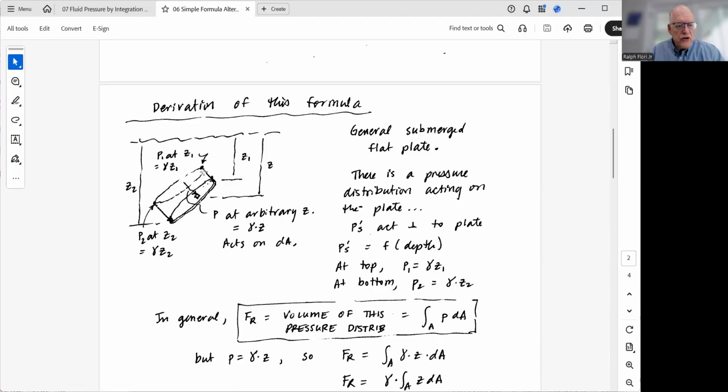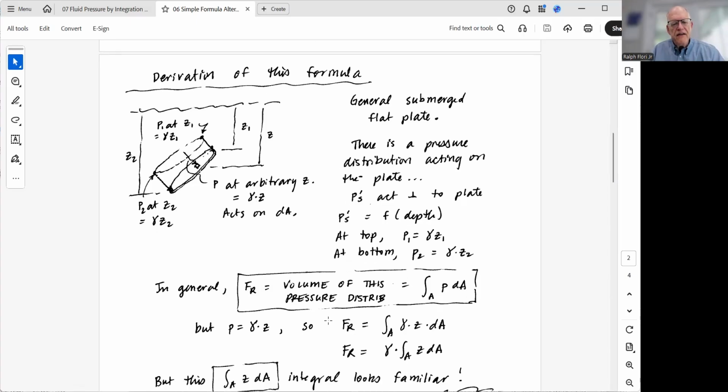And of course, the pressure varies with depth along the plate. If you look at an arbitrary area on this plate, basically an area dA, at some depth Z from the free surface, the pressure at that depth is gamma times Z, and it acts on a dA. So remember, the most fundamental equation that applies to every fluid pressure problem is that FR is the volume of that pressure distribution, the integral of all of the PdAs across the face of that plate.